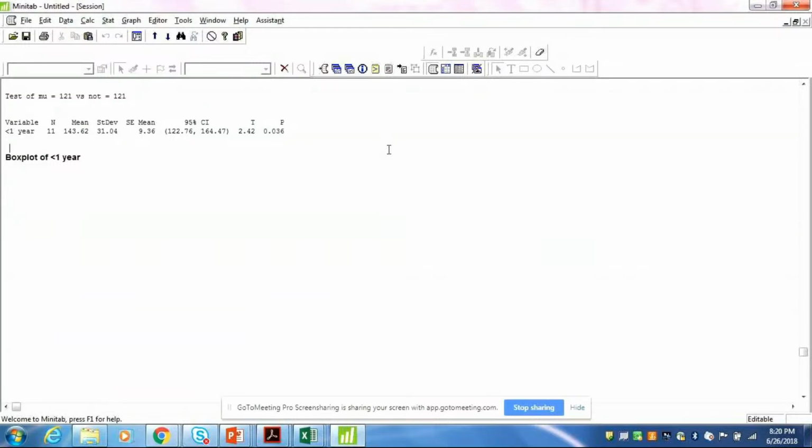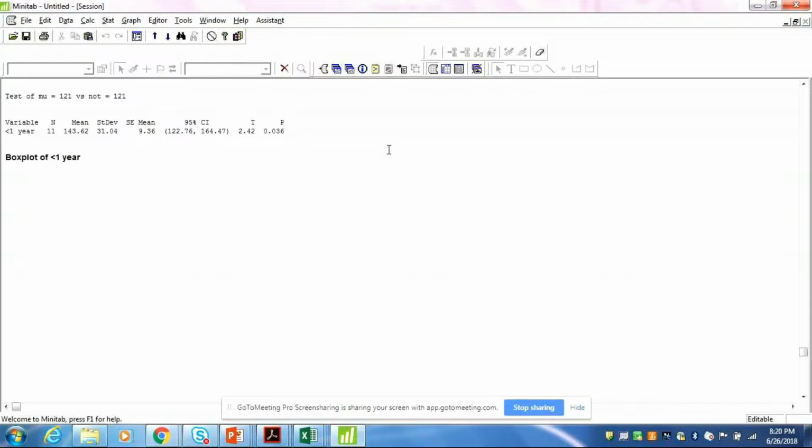0.036. Right. So remember, which hypothesis is this? Would it be null or alternate? It would be alternate. And what does alternate mean?